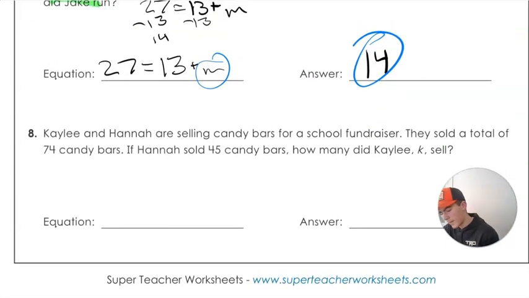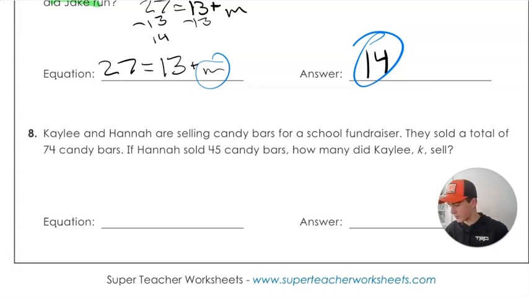Last one. Kaylee and Hannah are selling candy bars for a school fundraiser. They sold a total of 74 candy bars. If Hannah sold 45 candy bars, how many did Kaylee, K, sell? Alright, so let's highlight all the important stuff. Kaylee and Hannah are selling candy bars for a school fundraiser. That is useless information.